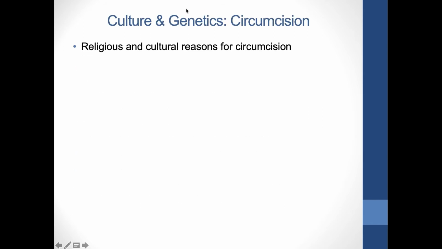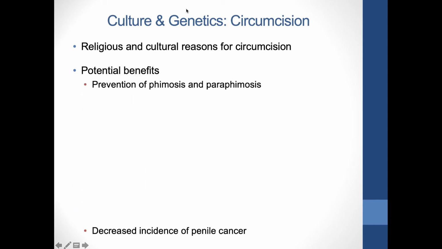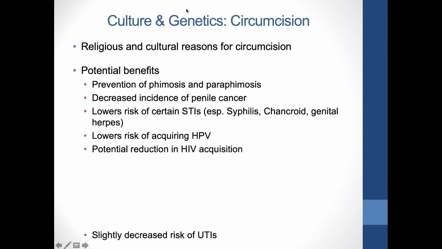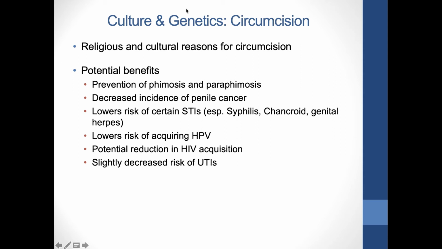With cultural considerations, we can address circumcision here. It can be a religious and cultural practice. It can also be for health reasons. The potential benefits are prevention of phimosis and paraphimosis, which we'll talk about shortly. We have a decreased incidence of penile cancer in our circumcised patients.